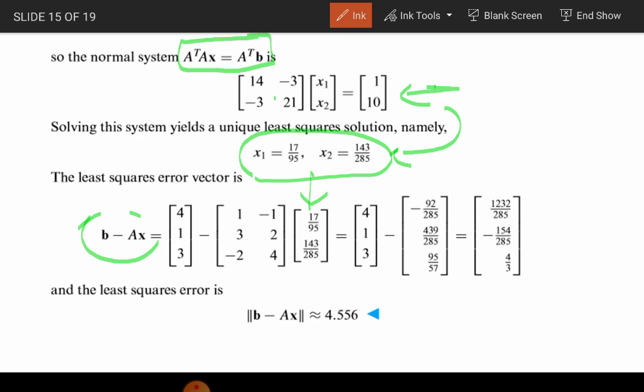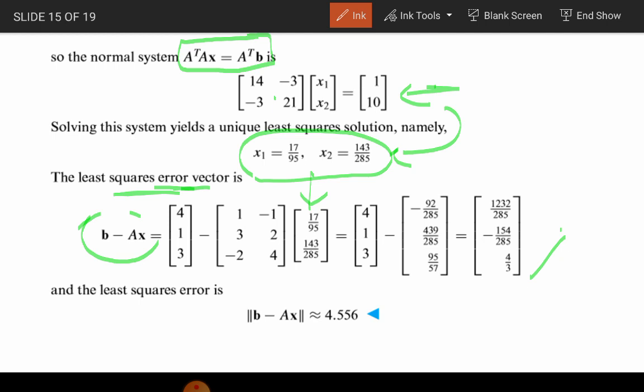And when we calculate, we get the value of b minus ax. This is called the least square error vector. So we answer the first question, to find the least square error vector.